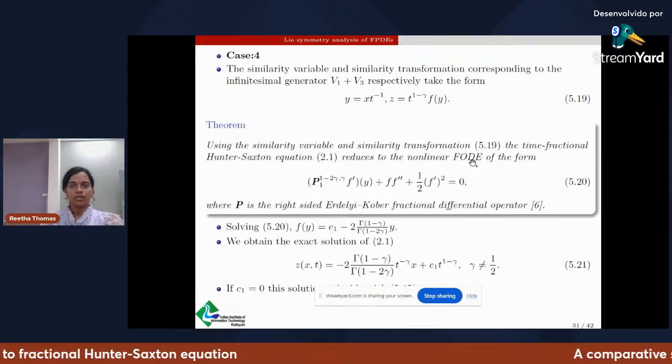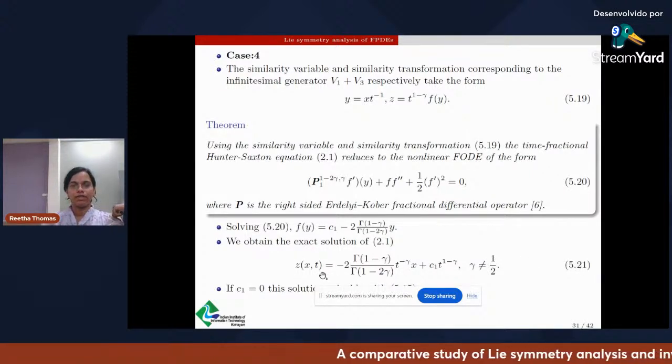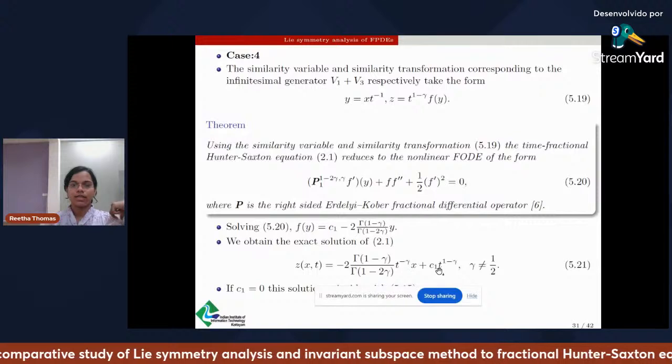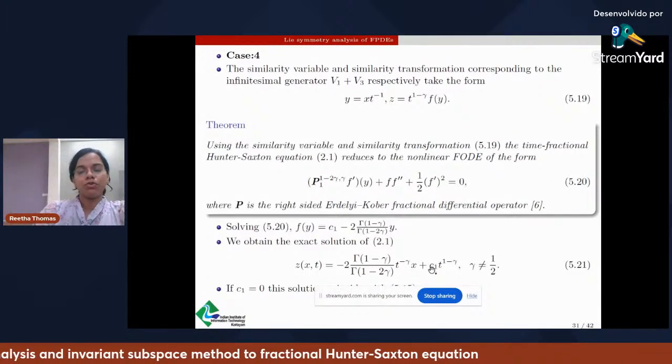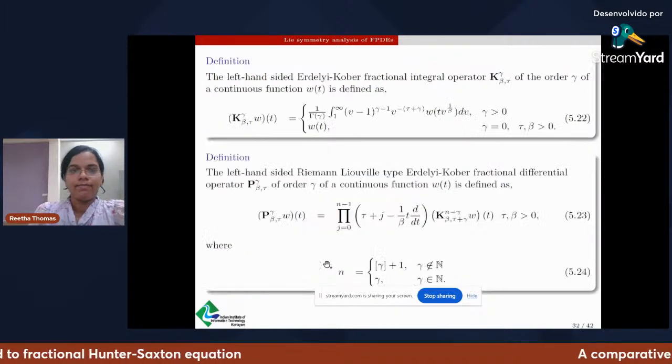Solving this fractional ODE, we can obtain the solution like 5.21. That is, z equal to the same term as in the above vi's plus an extra c1 times t power 1 minus gamma. If we put c1 equal to 0, this solution coincides with the first case.